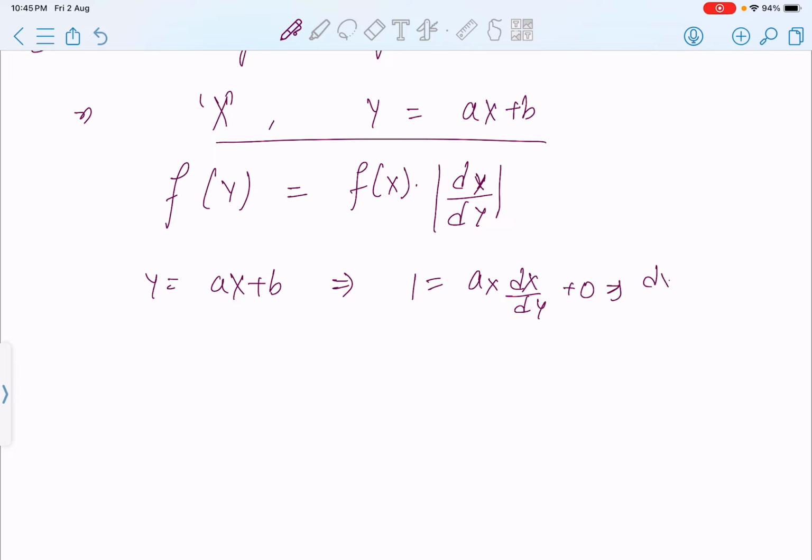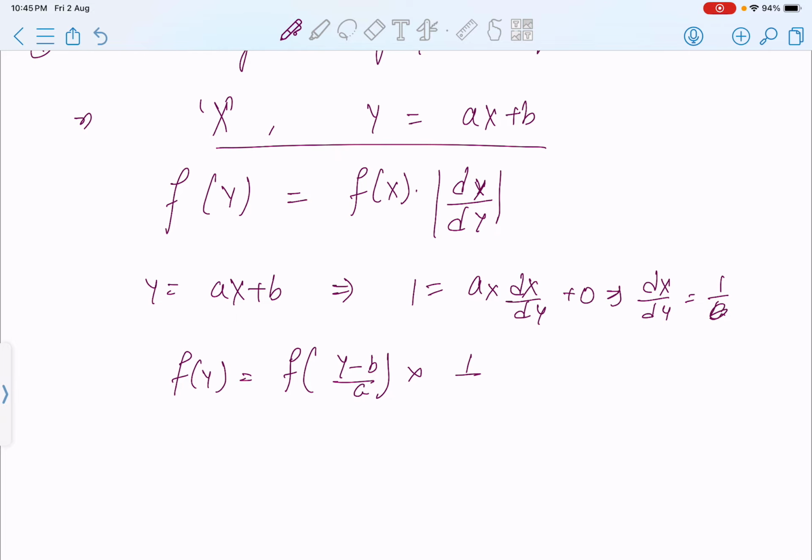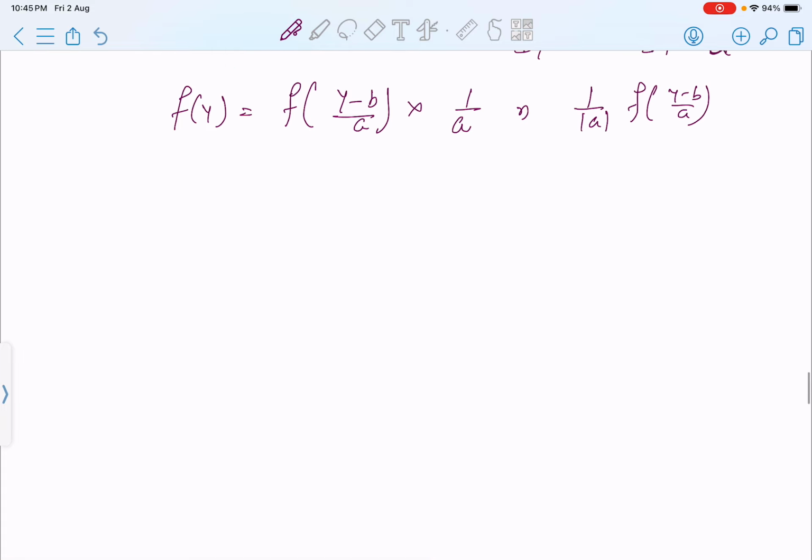So here it gives us dx by dy equal to 1 by a. So f of y becomes f of x, where x means y minus b upon a, multiplied by 1 by mod a. So f of y is 1 by mod a times f of y minus b by a, correct? This is your monotonically increasing or decreasing case.